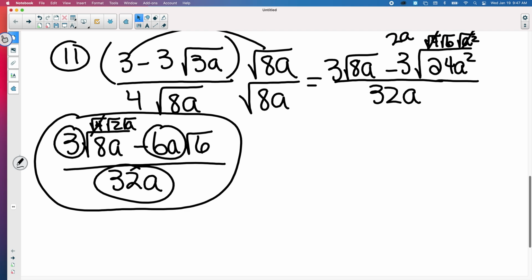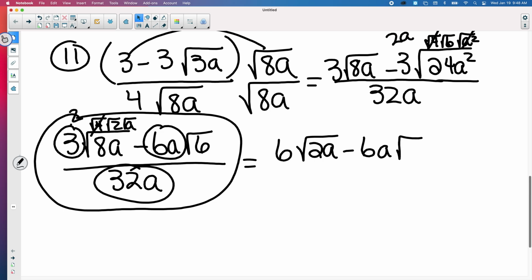Alright, so that would come out and be a 2. So 6 radical 2A minus 6A radical 6 all over 32A. Alright, did I do that right now? Yeah.